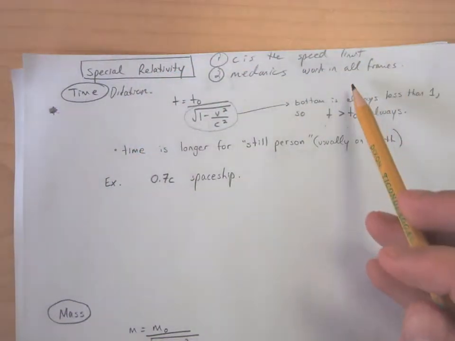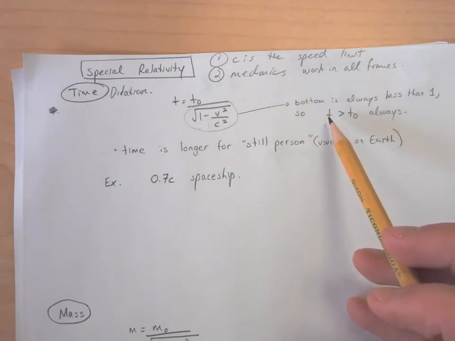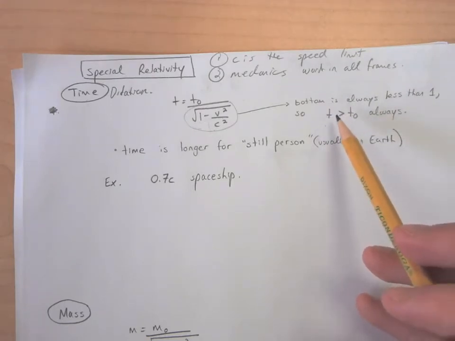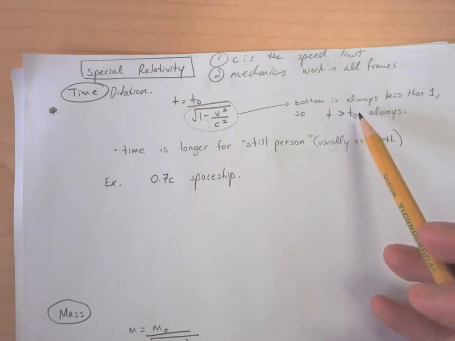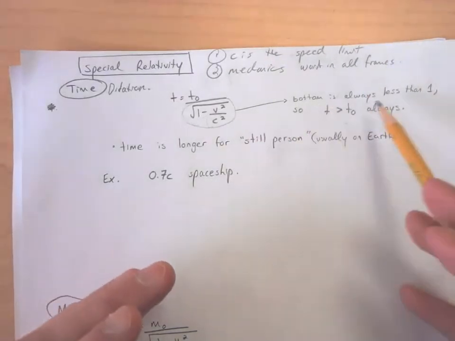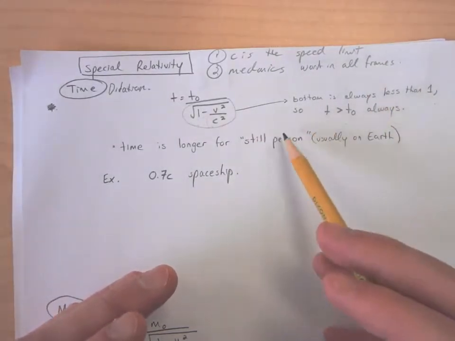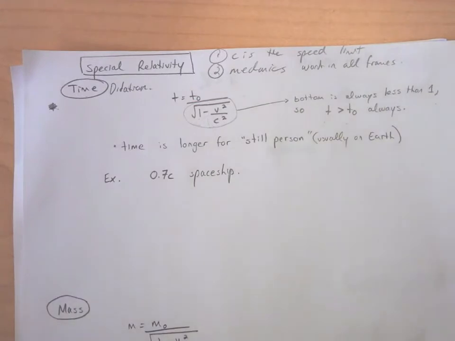But essentially, how we remember this is, if you remember Speedo and Goslow, the twins, if you're going on your spaceship to a planet, traveling really fast, that person in the spaceship is going to feel less time has passed.